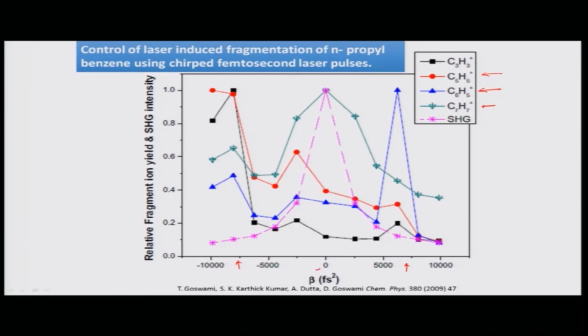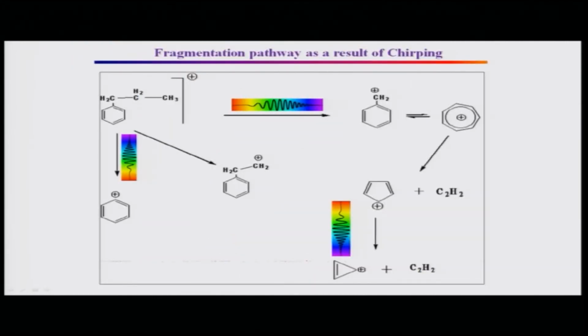So, they all have different characteristics associated with the fragmentation based on the character of the frequency being used. This is because the fragmentation path keeps changing as a result of the applied chirp, and so they go in different directions into the different fragments, as we have been showing here.